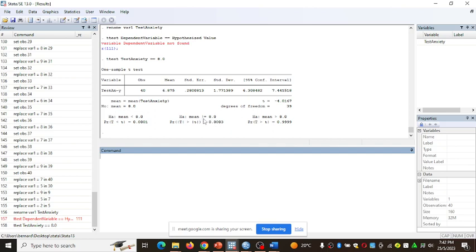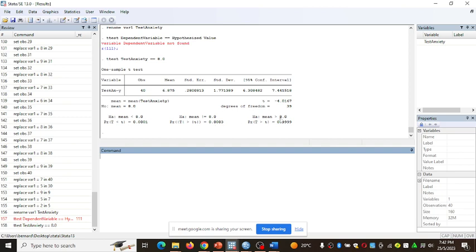The p-value associated with this test is less than 0.05, right? So we can also conclude based on this part that the mean is not equal to 8.